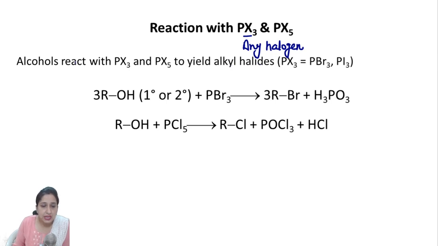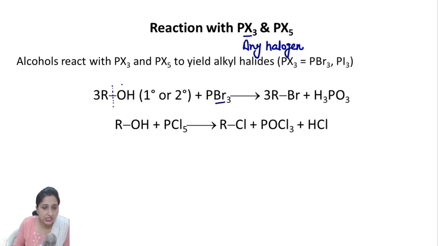Means alcohols can react with both phosphorus trihalides as well as phosphorus pentahalides to yield corresponding haloalkanes. So if we write the reaction of any alcohol with phosphorus trihalide, then we have to react 3 moles of alcohols simultaneously. So again the cleavage of this bond will take place, and this position will be occupied by the corresponding halogen.